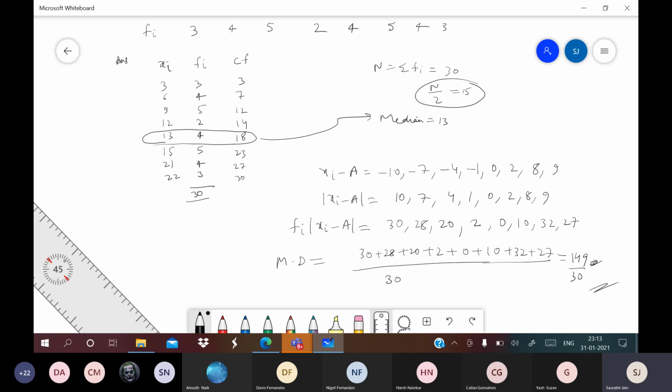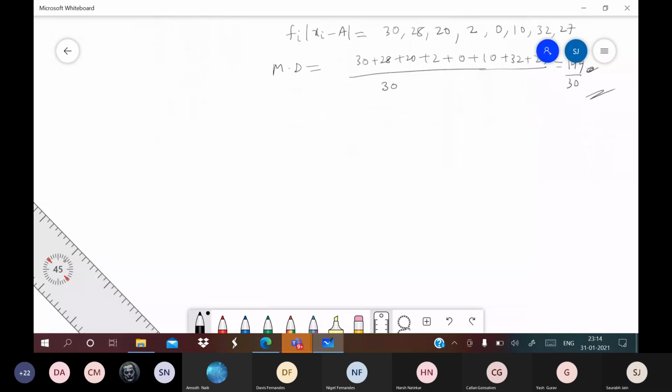So you can solve that exercise. Then your first exercise and first half of the formulas will be over. In the next class, we will study variance and standard deviation, that is 15.2. So today I am completing mean deviation. We are coming to the third and last part, which is mean deviation for continuous frequency distribution.